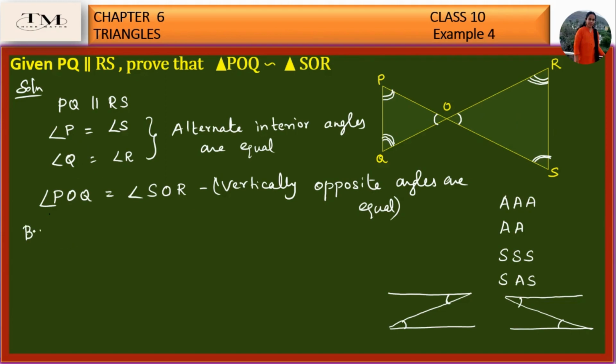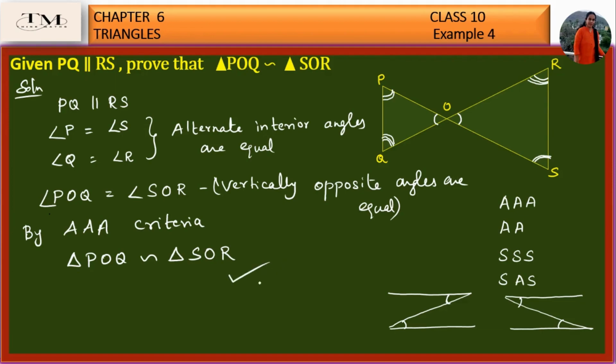So we can say by AAA criteria, triangle POQ is similar to triangle. If I write P here, I should write the corresponding angle. O is common, so write O. For Q, the corresponding angle is R. So this is the way you have to write the name of the triangle. So triangle POQ is similar to triangle SOR.